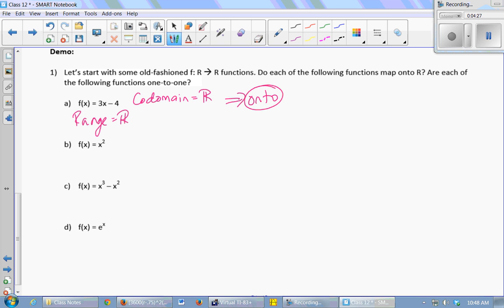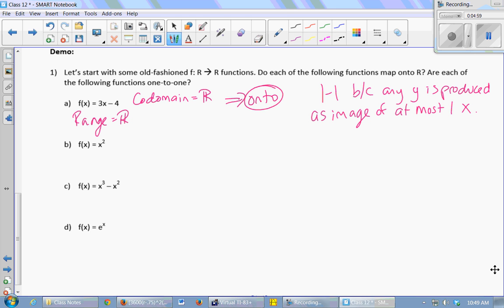Yes. Pick any y in the range, 7, right? There's only one x that you can plug into this function and get 7 as the output. That's the at most one x, right? So this is one-to-one because any y is produced as the image of at most one x value.